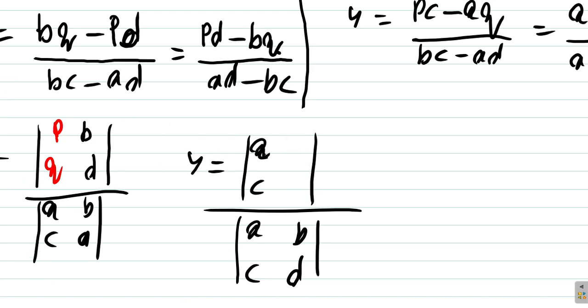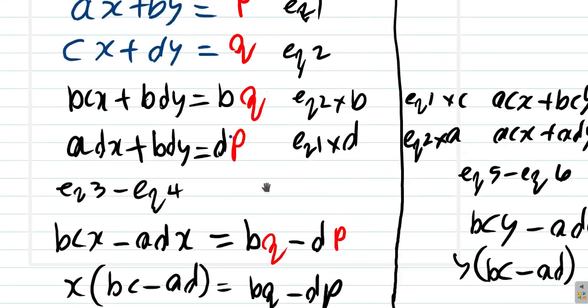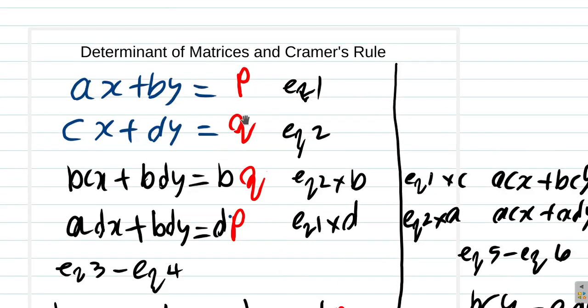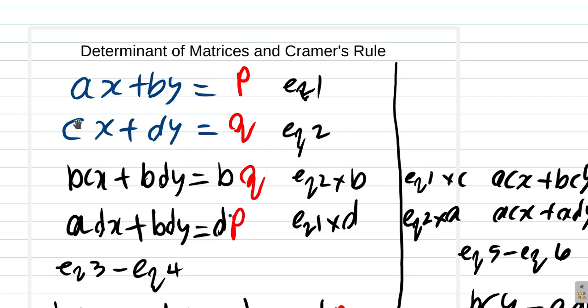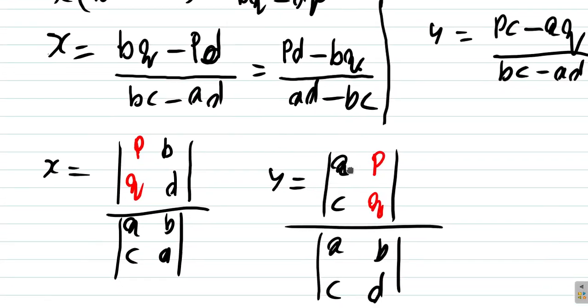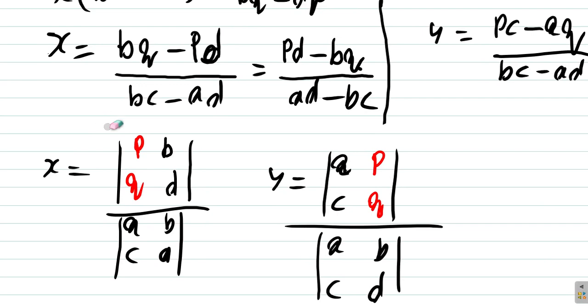You would write the p and q second, and the x coefficients a and c would be first, a and c.